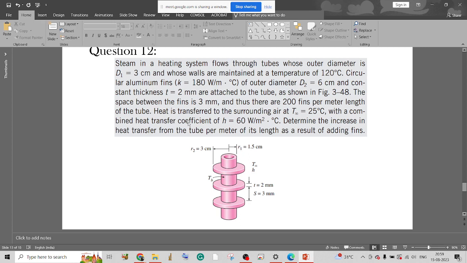Yeah. Then add both of them, 25 plus 1.6, and multiply it with 200. What you found out? 8050. Multiply it with 200. 2.5 plus 1.6 into 200. What will you get?